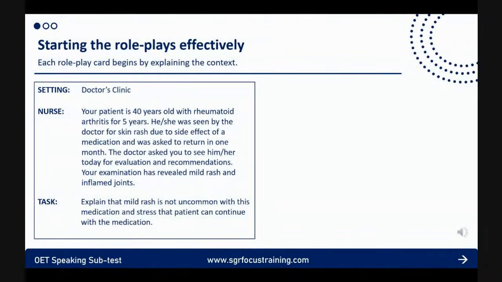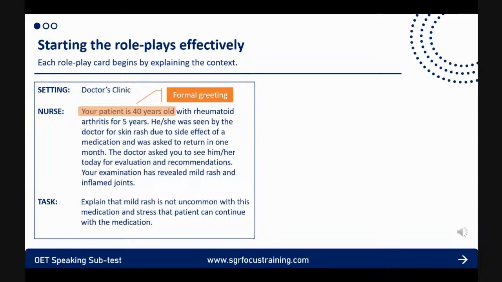When you're looking at your role plays, it's very important, as I've mentioned earlier, that you look at the background of your patient. The very first thing that you need to look out for is their age. I don't know whether many of you are doing this. The age simply tells you how you are going to speak, or how you're going to use your patient's name. Majority of the times OET expects that you will speak in a respectful, formal manner.